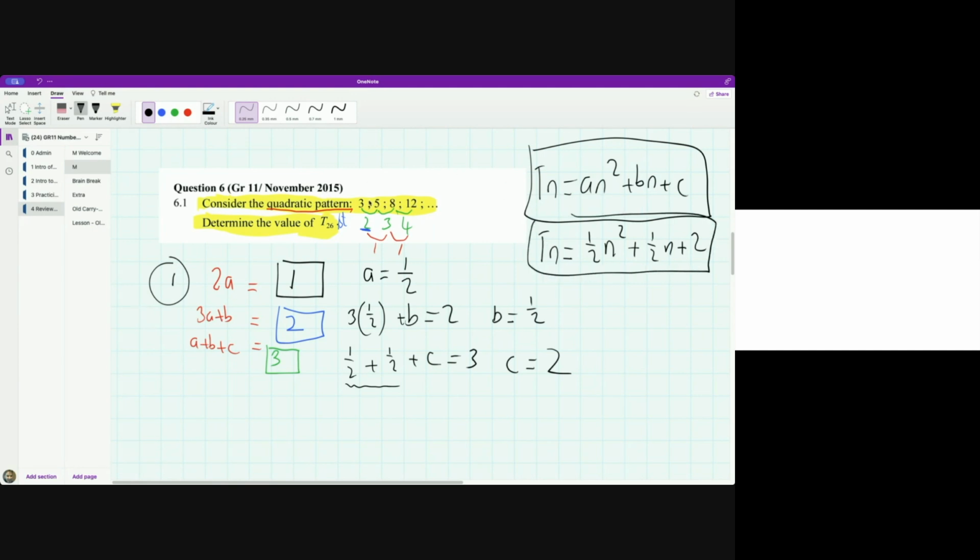But the question is, what is T26? So who can tell me what T26 is? Let's have a look. Sorry, this is going to be 2.